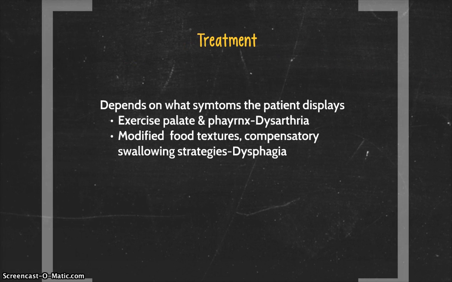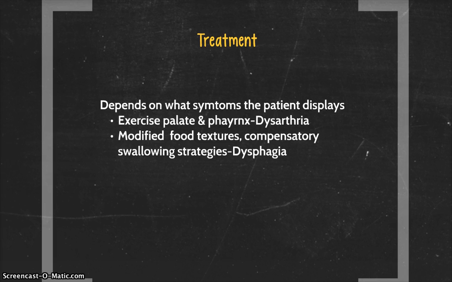So what are different treatment options for glossopharyngeal and vagus nerve damage? The treatment is going to depend on what symptoms the patient is displaying. So for dysarthria, exercising the palate and the pharynx can be good treatment options.